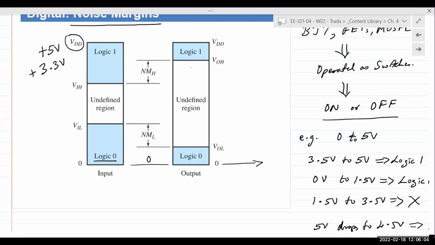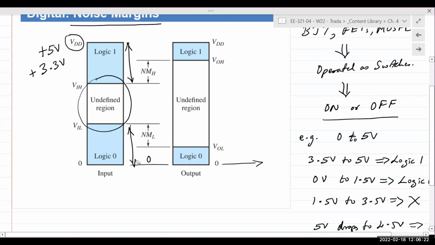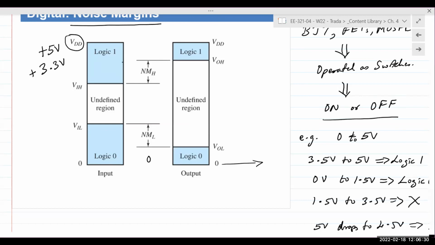And so any deviation from your values for logic 0 and logic 1, even if it's very high, it does not matter because your undefined region is small, your noise margin is very large, right? Noise margin is very large. So any deviation from there does not really matter. Your system can pick up even the smallest of signals without any issues, without any problems.